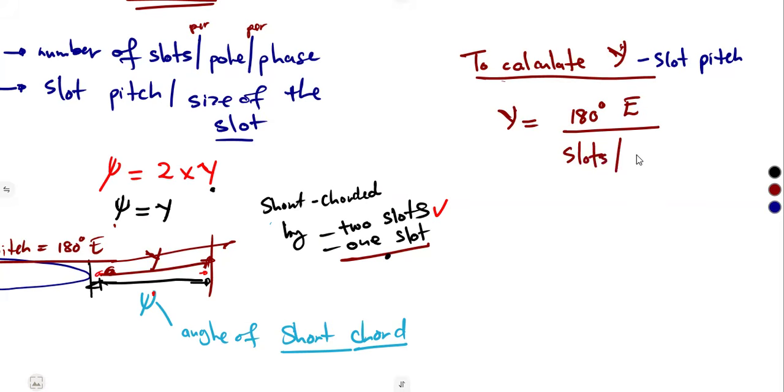Over slots per what? Per pole. As you can see, guys, we are saying slots per pole. To have that per, it means we have a total of this over total of this. This part of per, this per that.